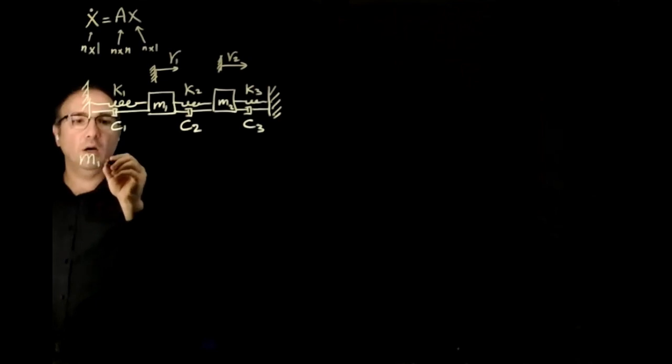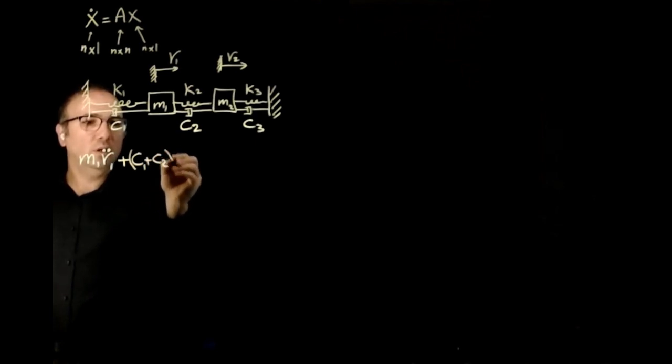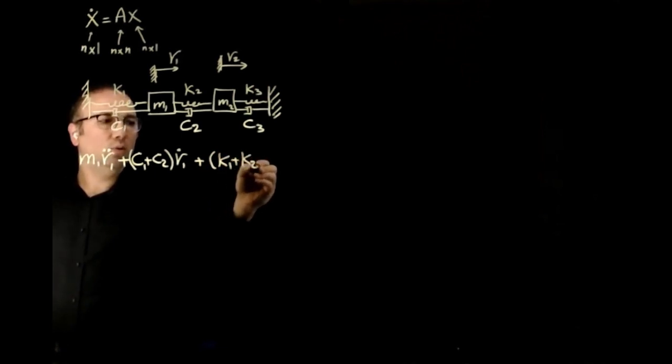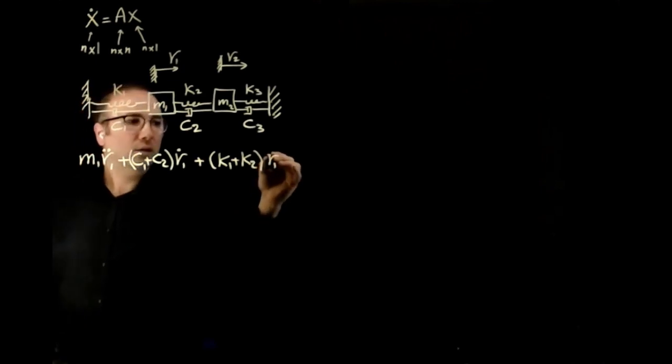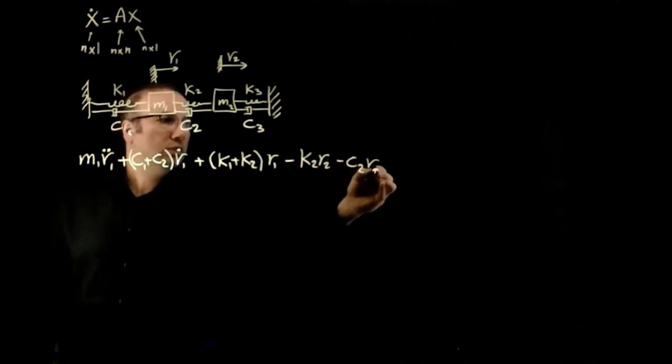I would have M1 R1 double dot plus (C1 plus C2) R1 dot plus (K1 plus K2) R1 minus K2 R2 minus C2 R2 dot equals 0.